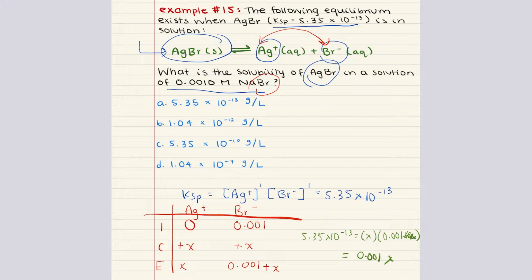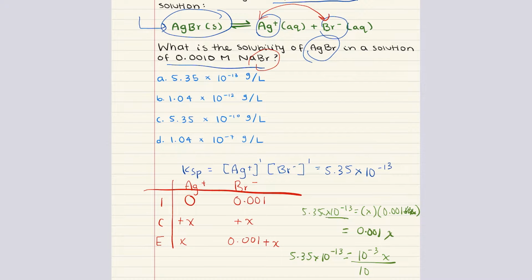And we can rewrite this in a way that makes it a little bit easier to work with, this times 10 raised to an exponent. So here what we're going to write is that 5.35 times 10 to the minus 13 is equal to 10 to the minus 3 x. And now we can divide both sides by 10 to the minus 3, and x is going to be equal to 5.35 times 10 to the minus 10.